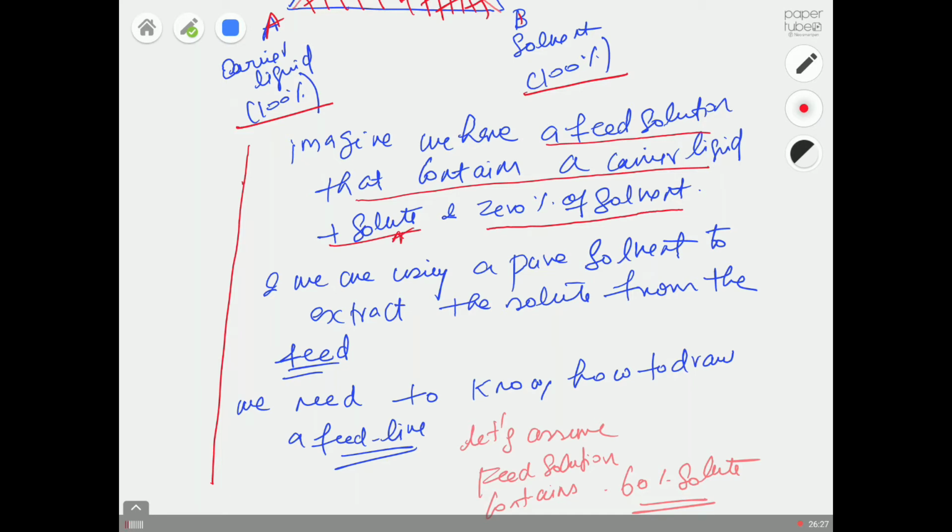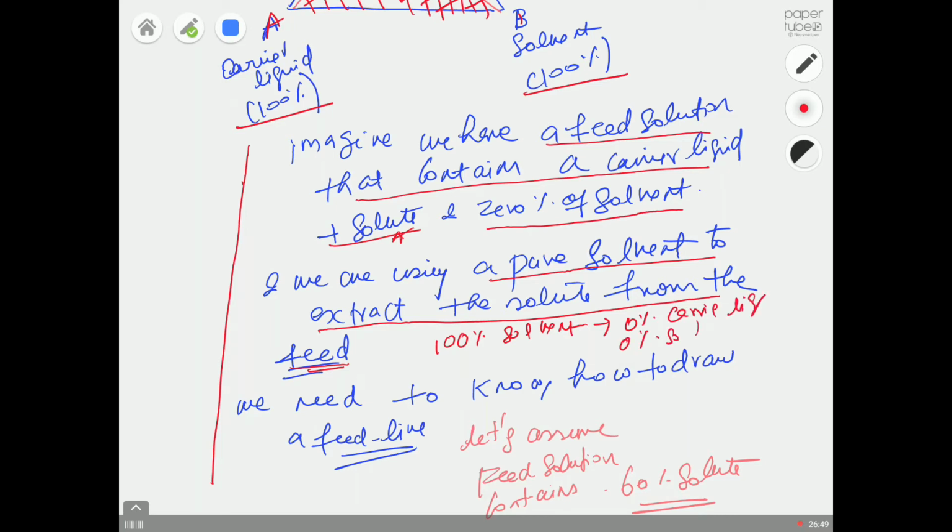So we are using a pure solvent to extract the solute from the feed. So pure solvent, what does that mean? It means that the solvent contains 100% solvent, so 0% carrier liquid and 0% solute. I'm stating the obvious, but it makes some sense.